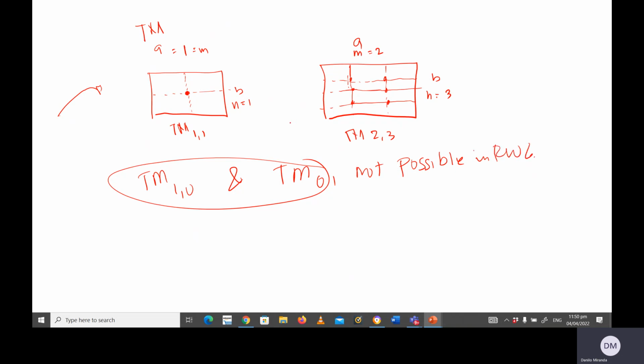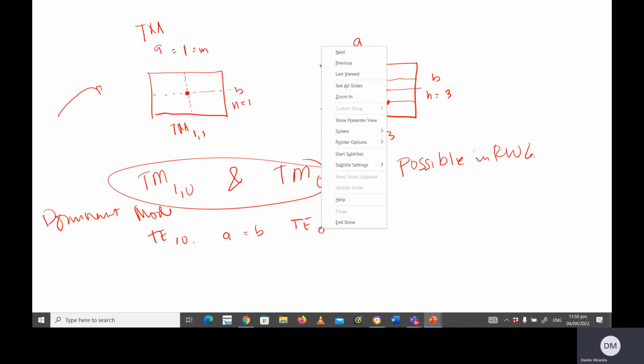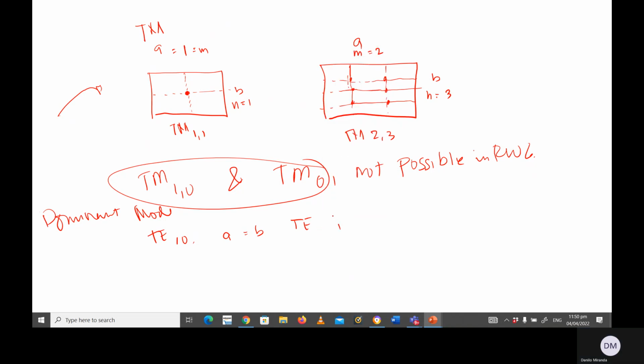Okay? So we can conclude as well that the dominant mode is TE10, okay, which is A can be also equal to B, so we have TE10 and TE01. Okay?